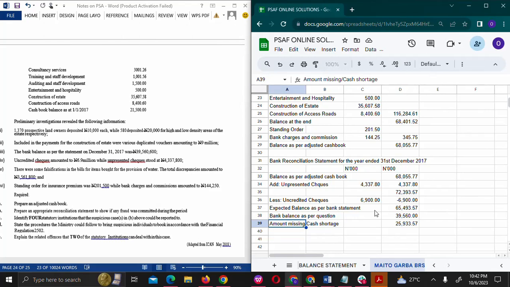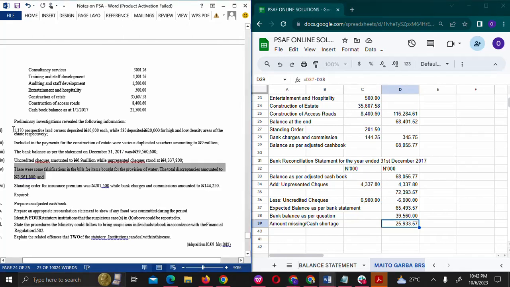But what we are given in the question as the bank balance is 39,560. So the difference is the cash shortage of 25,933.57. Invariably, this is the amount that was missing.